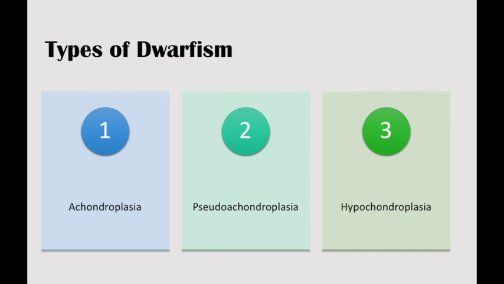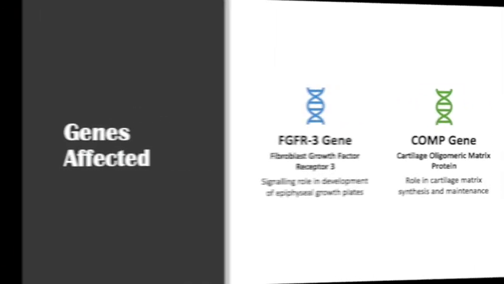There are three types of achondroplasia: achondroplasia, hypochondroplasia, and pseudoachondroplasia. Achondroplasia and hypochondroplasia both affect the FGFR3 gene, whereas pseudoachondroplasia affects the COMP gene.